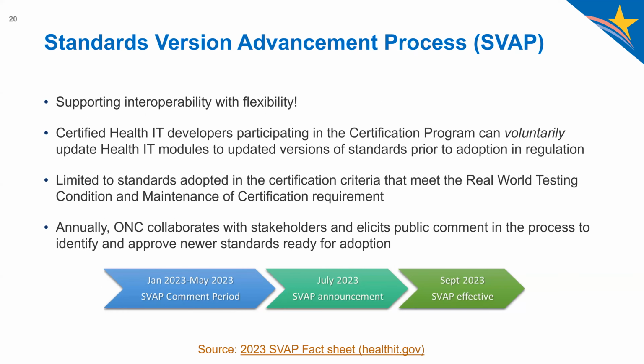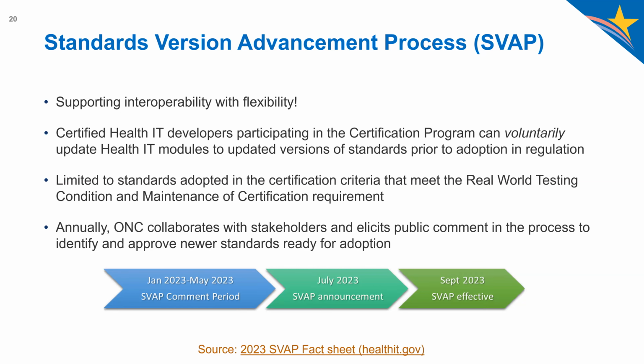One of the cool things that we have is the standards version advancement process. Because we work hand in hand with industry, we want to make sure that we are supporting interoperability with some flexibility. So as things change, we'd like to keep up with those changes through the standards version advancement process.